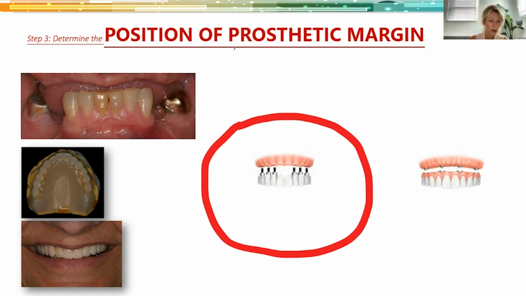However, one important part of the evaluation is if you look here carefully on the right side, you can see that she's showing a little bit of pink, which means that the implants on these two teeth will have to be placed deeper, so we hide that prosthetic margin afterwards, and it's even with the other side.